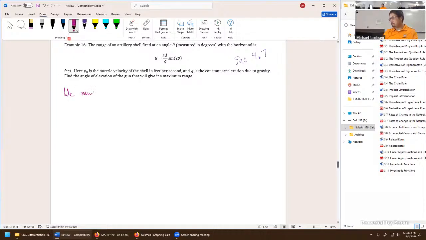We must show all steps using the first or second derivative test.